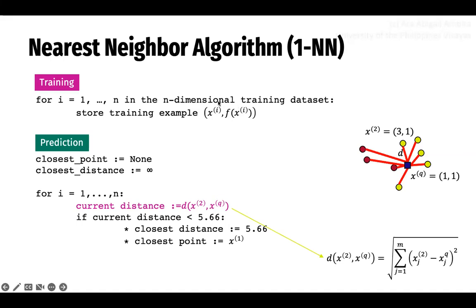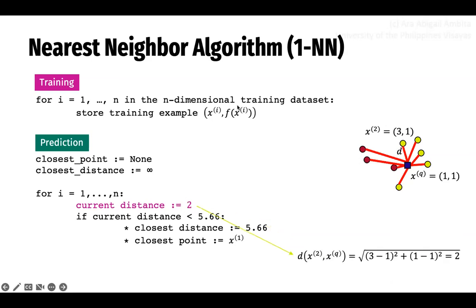So assuming the x sub 2 has points 3 and 1. Next we are going to compute the distance between the query point x sub q and x sub 2, and using the formula for the L1, it results to 2. Okay.